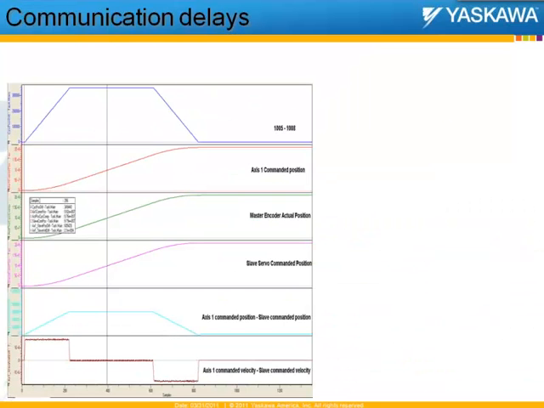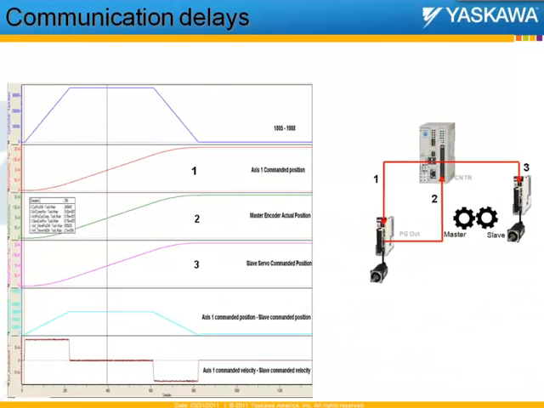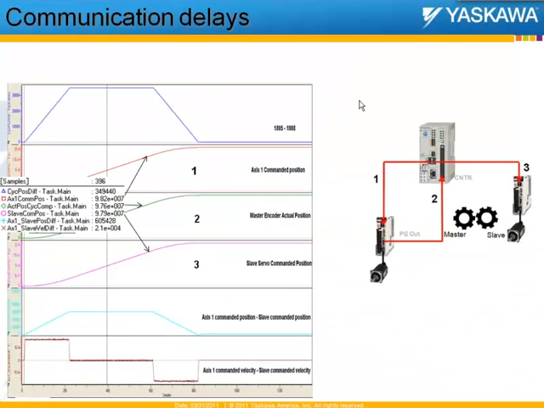Here's a more detailed plot of the compensations being applied. If you remember from previous slides, the axis 1 commanded position was 9.82. That data is sent to the servo. The external encoder compensated position is 9.76, and this compensation is because of parameter 1305.